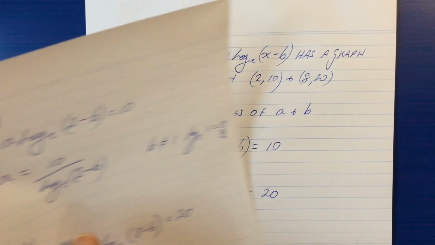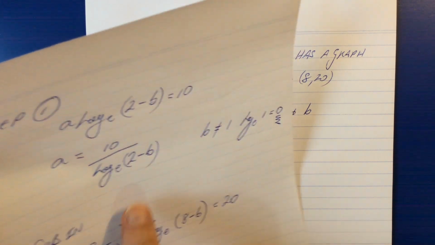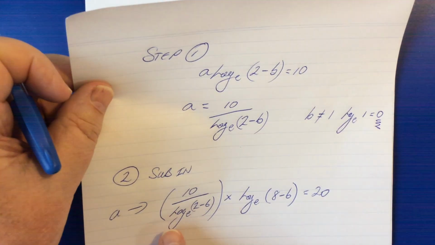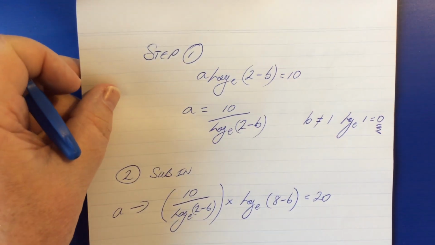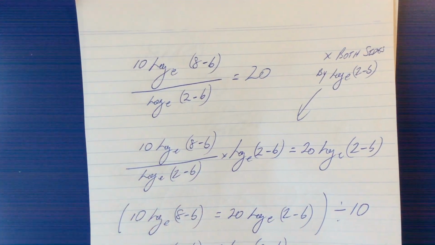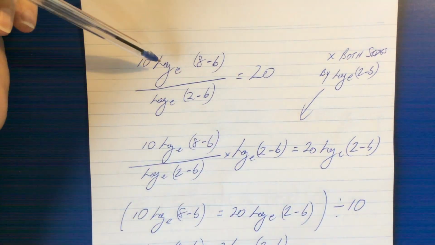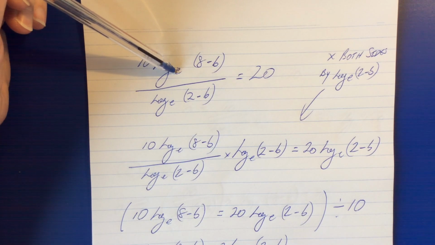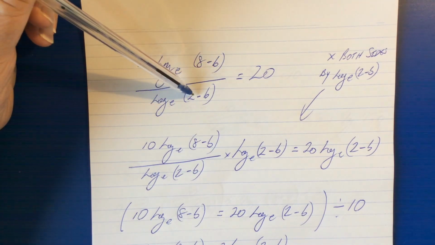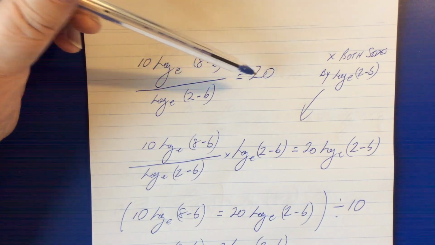So my value of a is now standing there, and that is what this expression looks like. Okay, so where to from there? Well, a little bit of rearranging: 10 log e of 8 minus b over log e of 2 minus b equals 20.